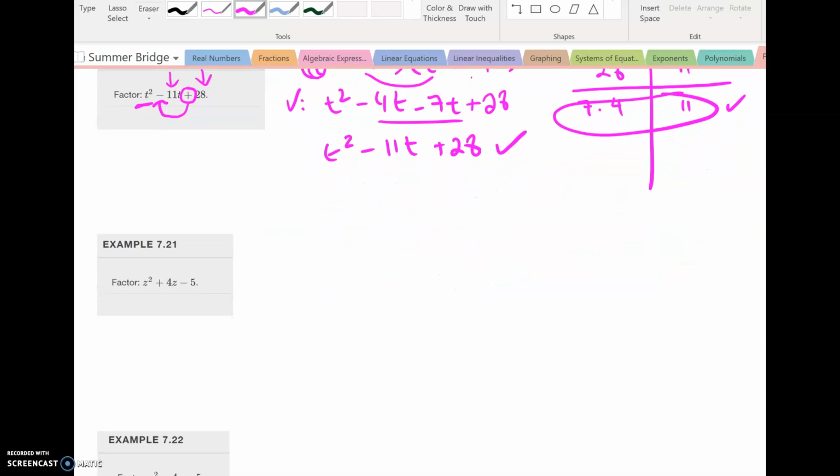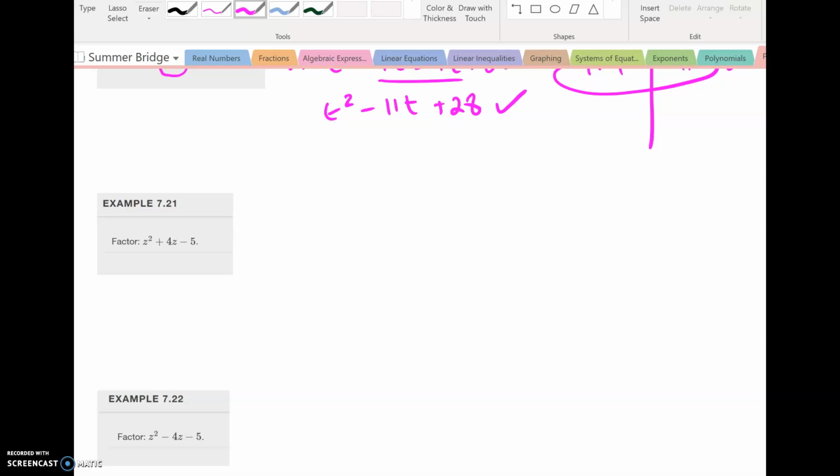All right, next example here. This is also a different example. So take a look at the first term, coefficient of 1. So I'm going to have two sets of parentheses, both of which are going to start with z. Now, we take a look over here at the second sign.